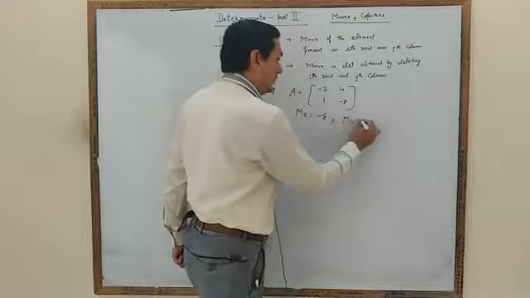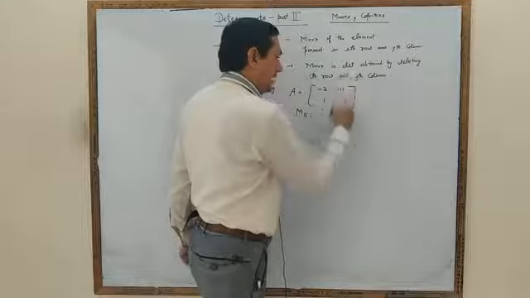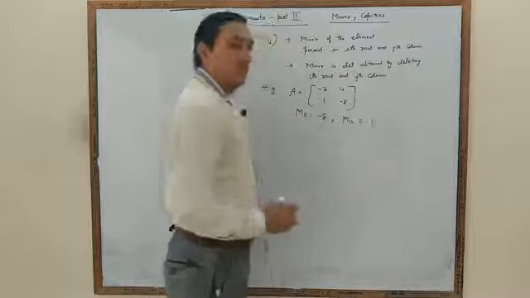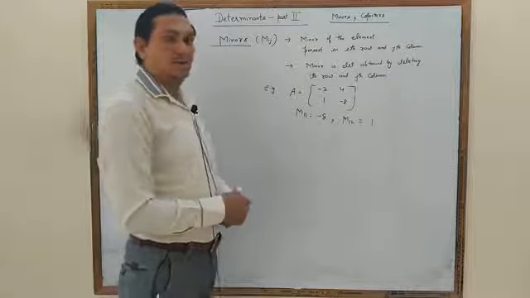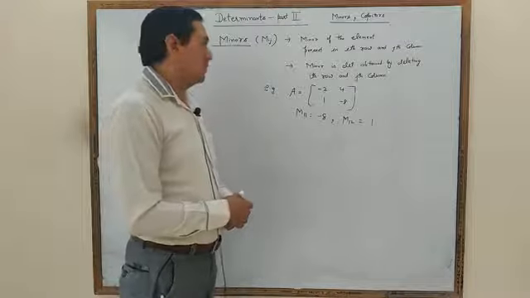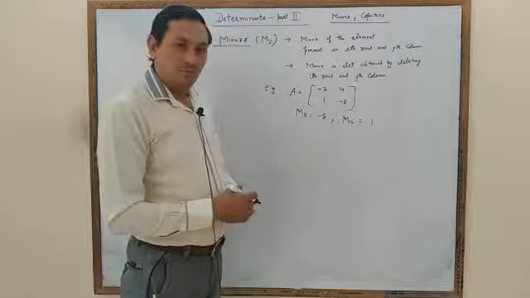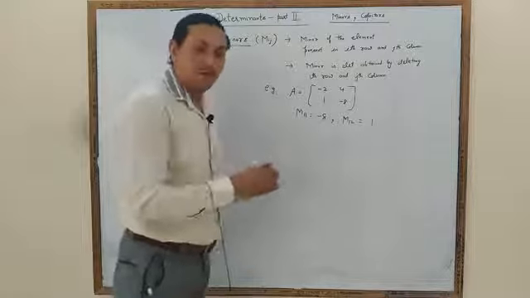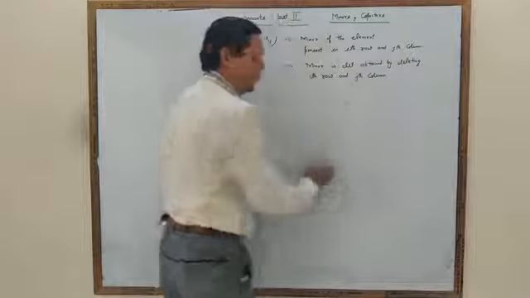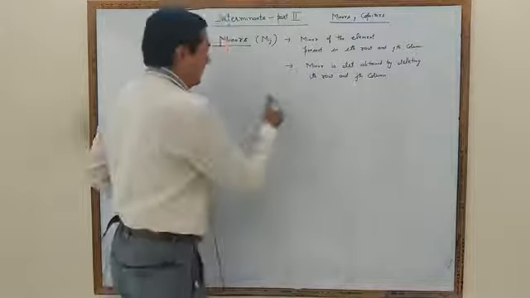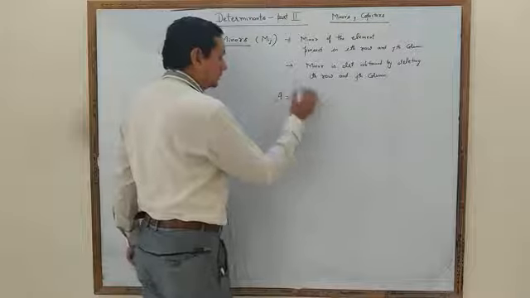M12, obviously we shall delete first row and second column, and the determinant of the submatrix, that is of order 1 by 1, will be 1. We shall illustrate it by one more example of a matrix of order 3 by 3.